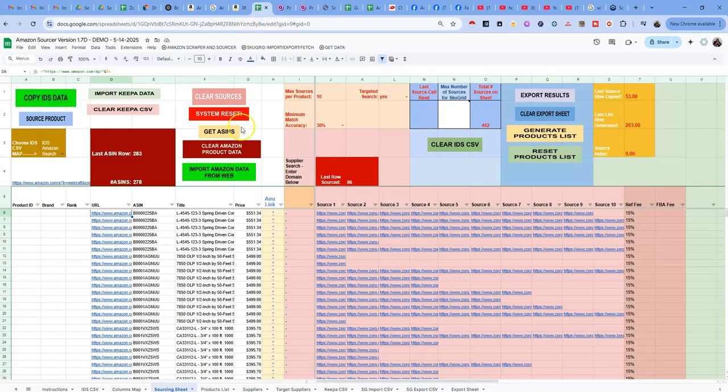And to do that, that's where this Amazon sourcer can then come in. We can use this to make it easier to actually locate sources of these products. And I'll demonstrate that in a separate video.